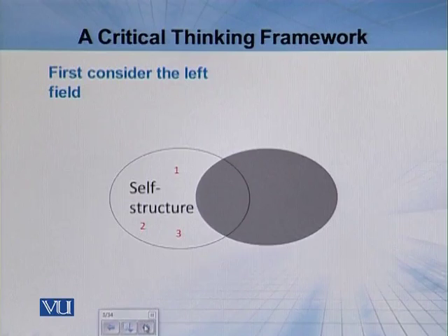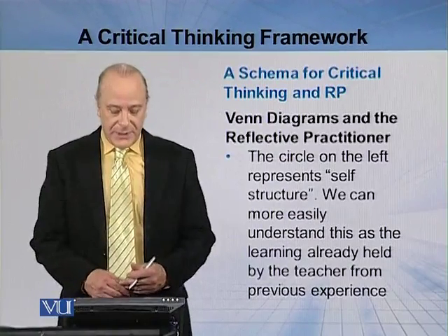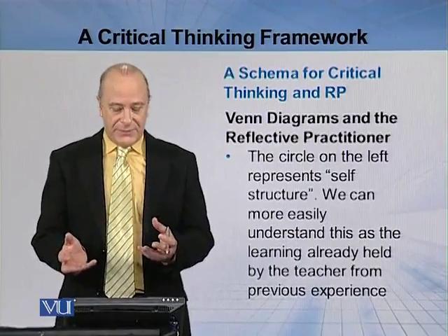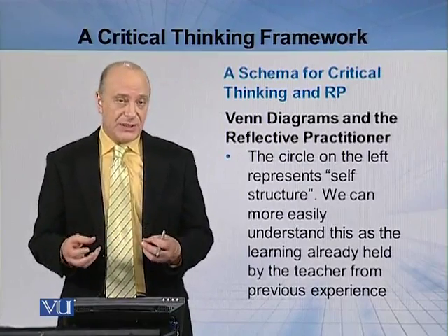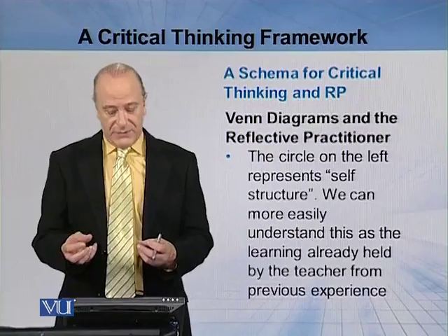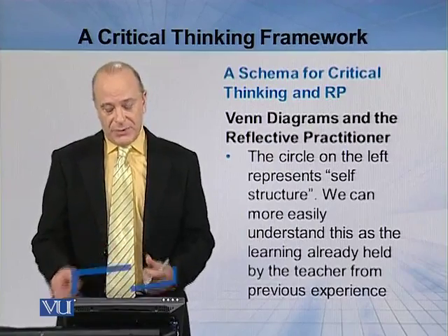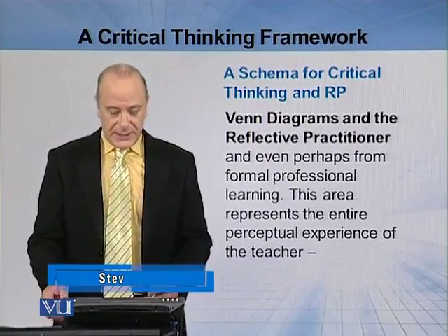And we can see in the diagram here on the left-hand side the concrete experience. And there can be a number of elements that the teacher could include in this part of the Venn diagram. The circle is labeled as self-structure, or in other words, how the teacher is understanding the experience and beginning the process of learning from it.